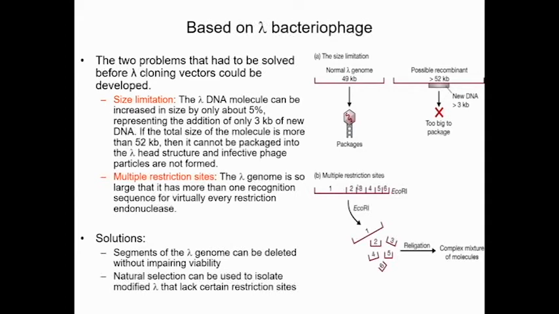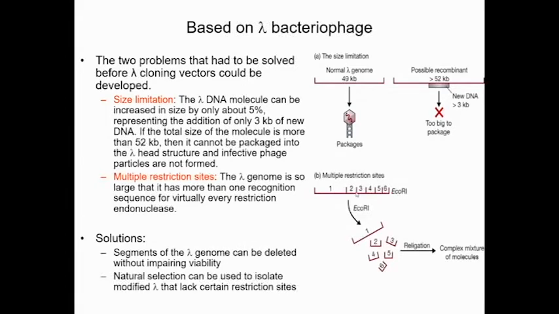So two things they have to engineer in the Lambda bacteriophage before they can use it. Number one, you have to cut this Lambda genome to make it a smaller size so that you can use it. Number two, you have to eliminate several restriction sites from the genome.